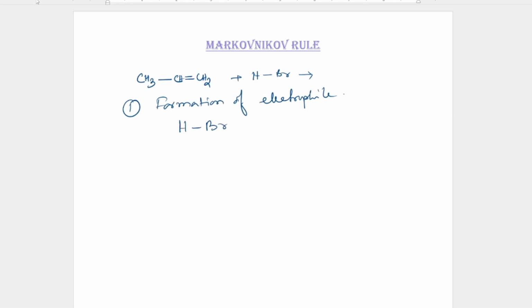HBr undergoes heterolytic cleavage and gives H plus and Br minus. As bromine is a negatively charged element, the bonded electron will be transferred to bromine and the bromine will get a negative charge, whereas the hydrogen will get the positive charge.